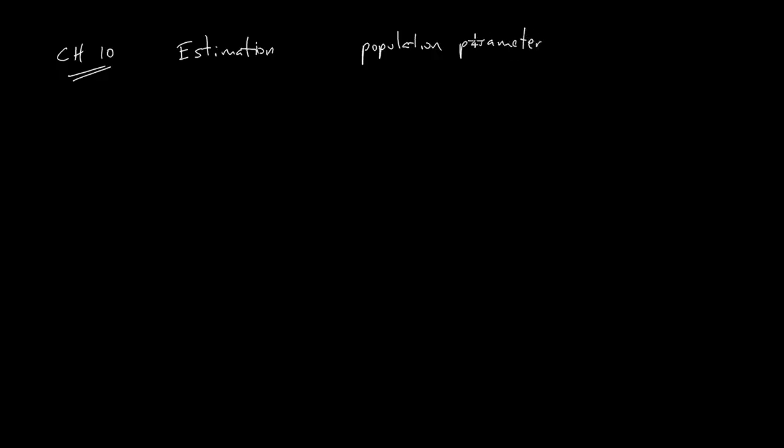Parameter just means any measure from the population. In our case, we're focused on the mean, so the population parameter is going to be the population mean, and again, it's unknown. Now, if we have an unknown population value or parameter, we could just go to the population and have a look and measure what this value is.